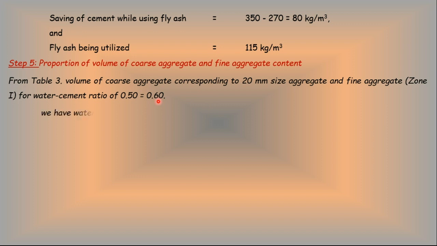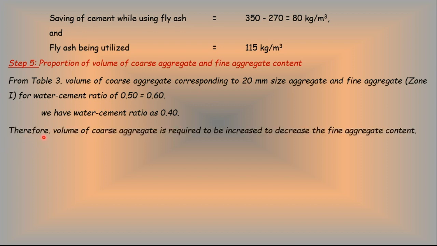We have the water to cement ratio as 0.4. Therefore, volume of coarse aggregate is required to be increased to decrease the fine aggregate content.